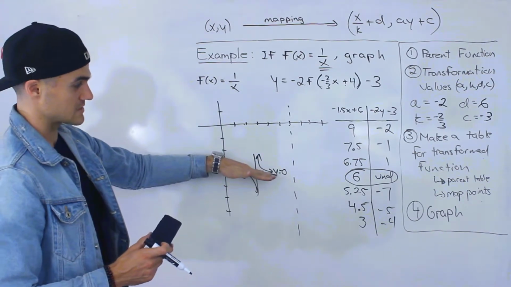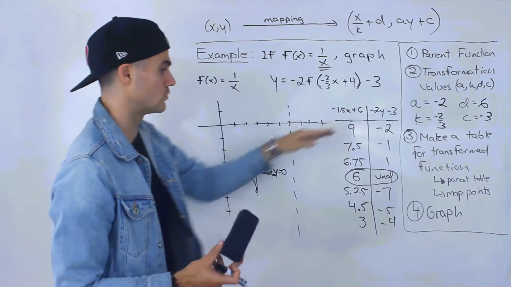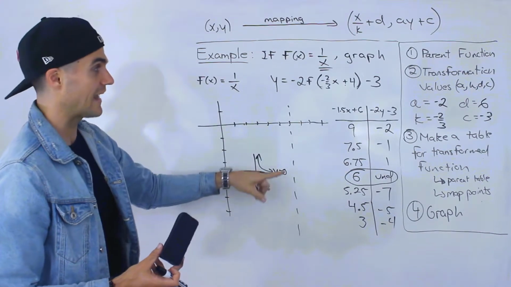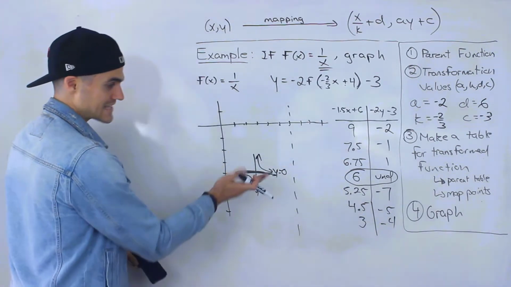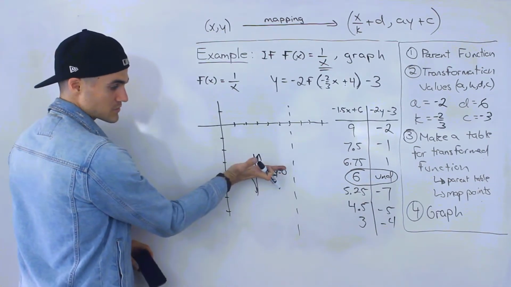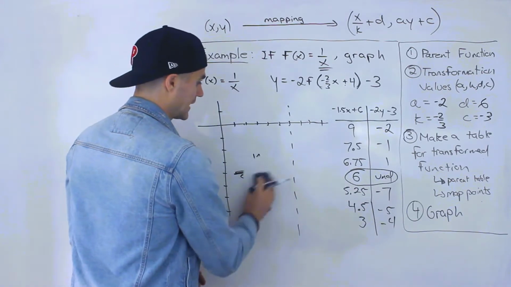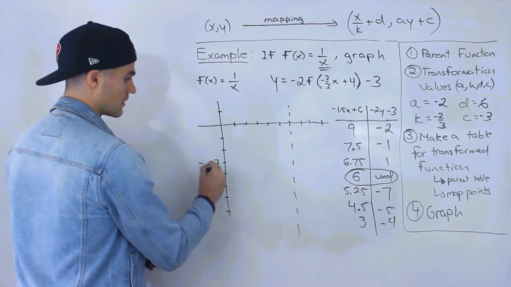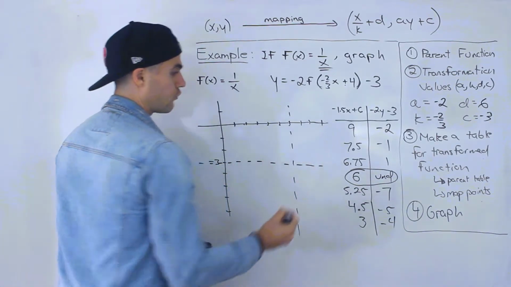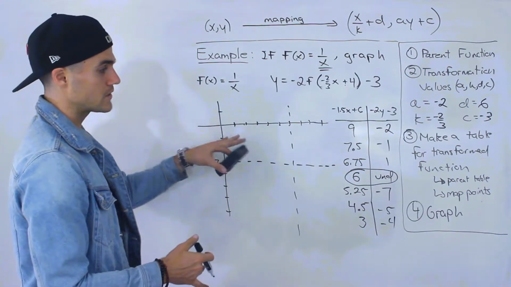Well, that horizontal asymptote, what do you think it's going to be affected by? The c value, shifting up or down. And in this case, the c value is negative 3. And so what that means is that that horizontal asymptote at y equals 0 gets shifted down to y equals negative 3. And so we can actually make a dotted line at y equals negative 3, which is here, for the horizontal asymptote. And that's what I always like to do first.